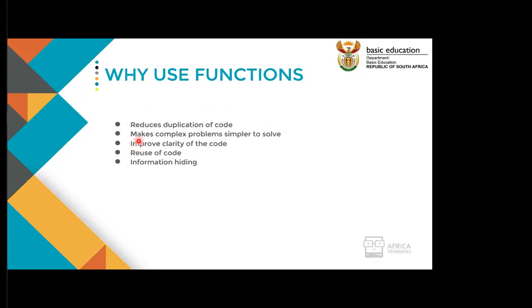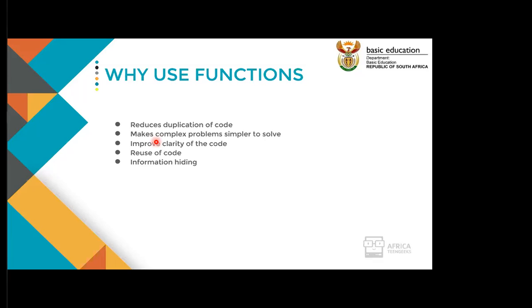Right? Next, it makes complex problems simpler to solve. Complex problems, just like the tutor problem that we had, look a lot complex, but if you break it up into its smaller groups, it's easier to understand. And if the smaller groups were, you're doing addition, so why not just code the addition? If you're doing subtraction, code the subtraction. If you're doing multiplication, code the multiplication.